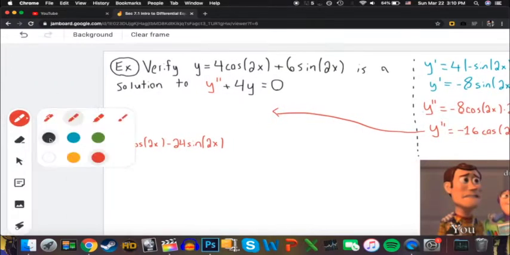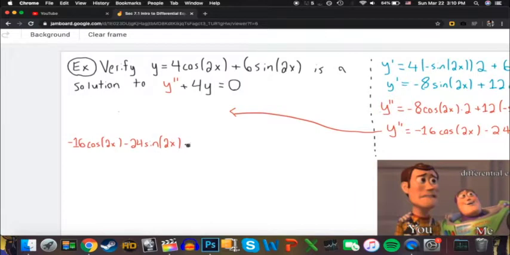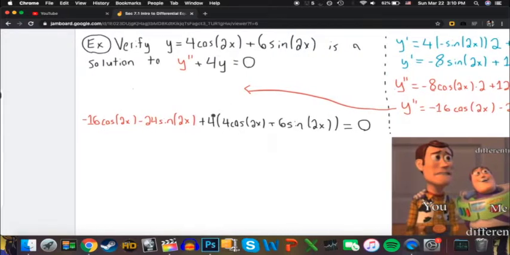And then we also have to plug in our original equation for y, so we're going to have plus 4 times 4 cosine of 2x plus 6 sine of 2x. And we want to see if that is going to simplify to be equal to 0, as we see over here. So we can distribute that 4 across.